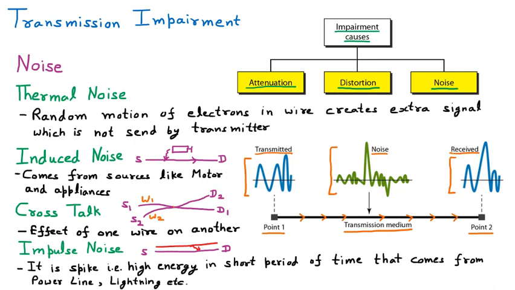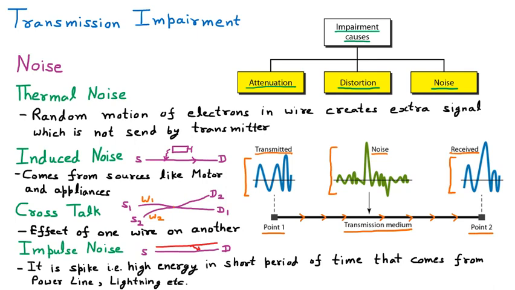Just like whenever a high power line is going nearby the telephone line and a huge current is flowing through that power line, then a complete spike comes, meaning a huge amount of electrical interference comes inside the telephone line. This is called a spike, and because of that the noise comes. This is called impulse noise.